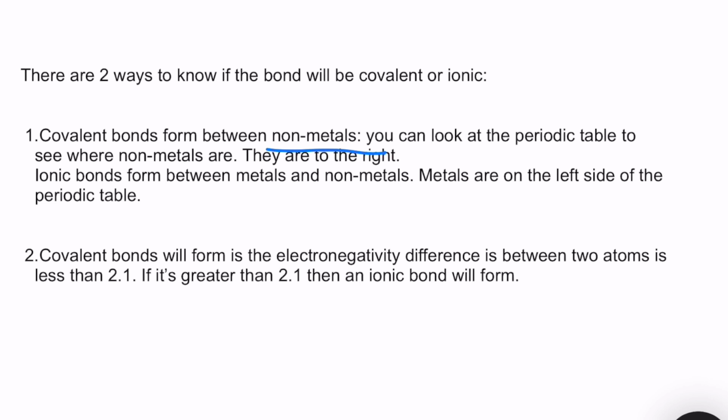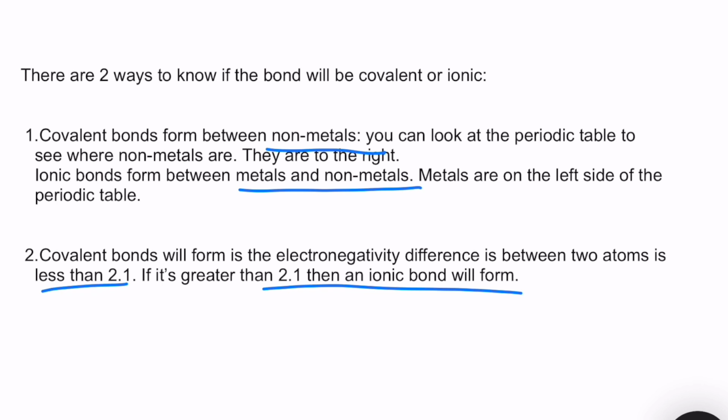Ionic bonds will form between metals and nonmetals. Metals are on the left side of the periodic table. The second way to know is that covalent bonds will form if the electronegativity difference is less than 2.1. And if it is greater than 2.1, then an ionic bond will form.